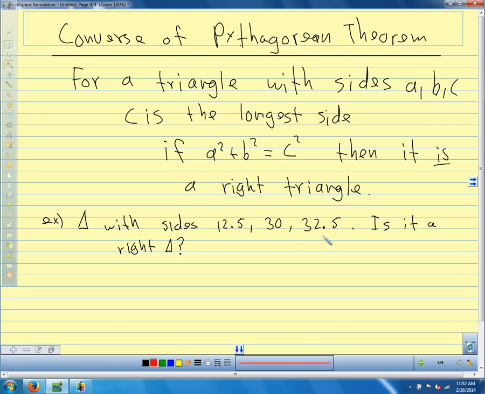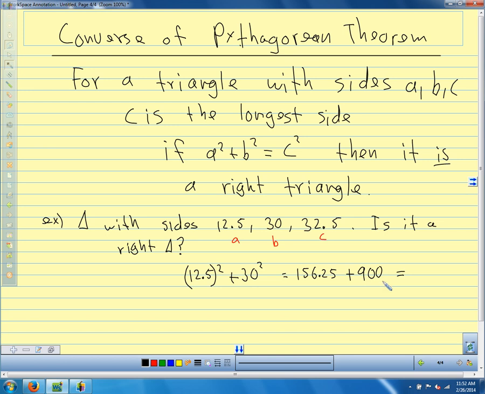32.5. So I'm going to call that C. And I can call either one A and B, so I'll just do it in alphabetical order. I try it out in the Pythagorean theorem. So I'm saying 12.5 squared plus 30 squared. I calculate that out. 12.5 squared is 156.25, and 30 squared is 900.